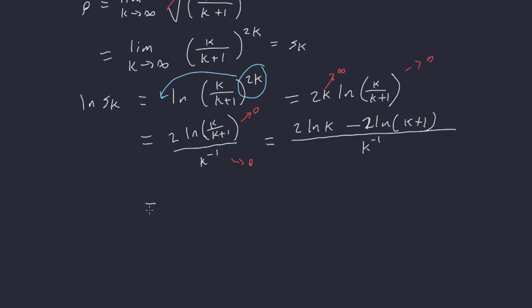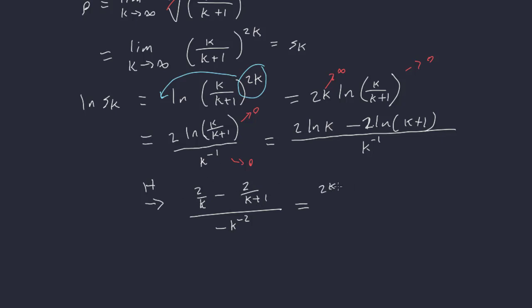Now we're going to use L'Hopital's rule. So this will be 2 over k minus 2 over k plus 1, all over, now we'll get negative k to the negative 2, and I'm going to simplify this. First, I'm going to turn this back into a single fraction.